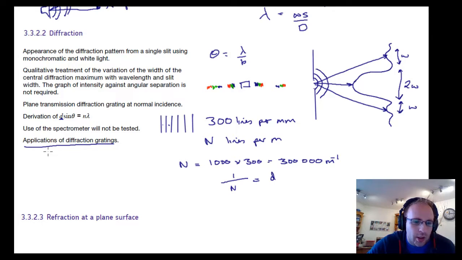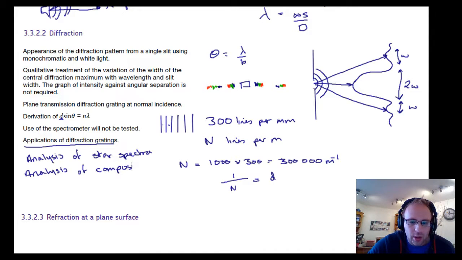The application that they normally go for is the analysis of star spectra, or the analysis of the composition of a star's atmosphere.